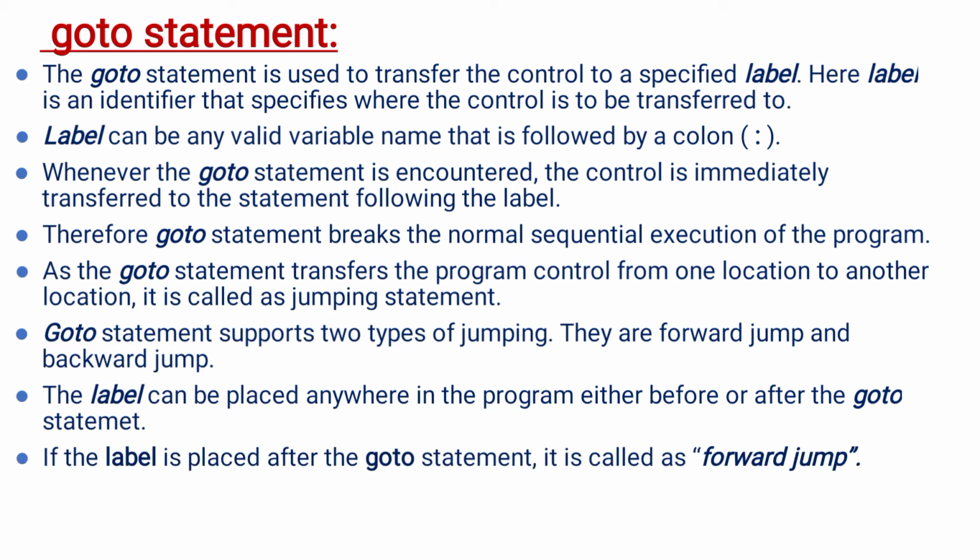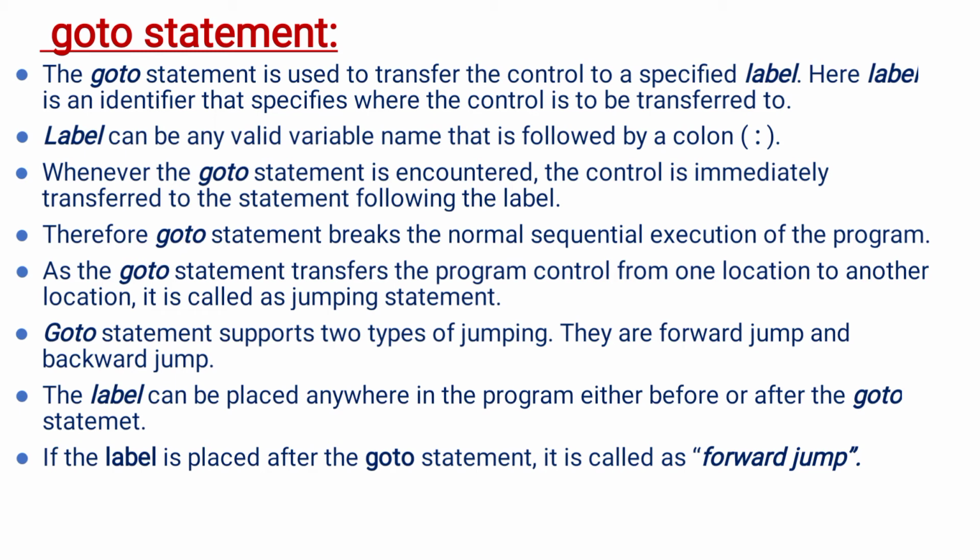If the label is placed after the goto statement, then it is called a forward jump. That means the goto statement is written first and the label is written after some statements.